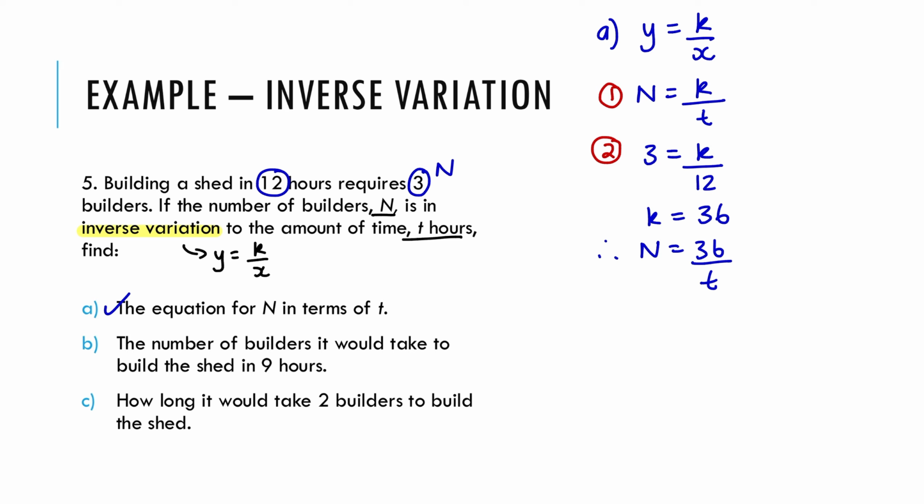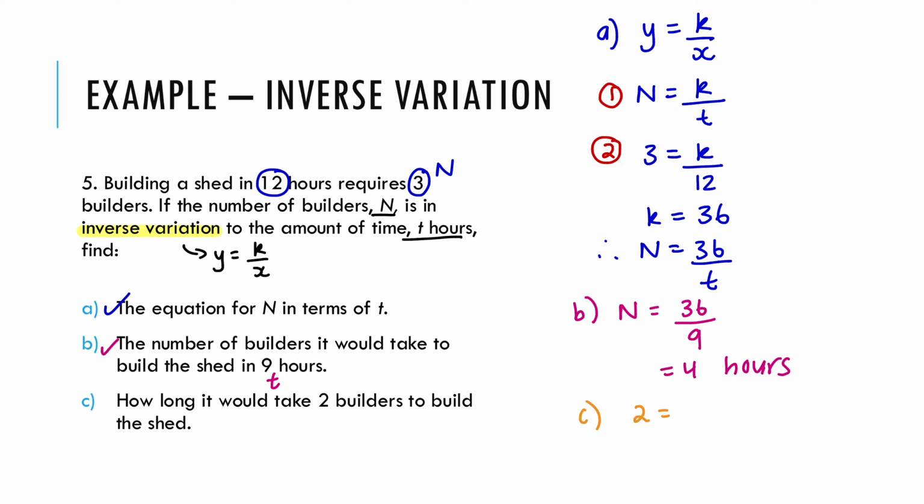The second, part B, says find the number of builders it would take to build the shed in 9 hours. So the number of builders I can find by doing 36 divided by 9. So it will take 4 builders. Then for part C, how long will it take 2 builders to build the shed?